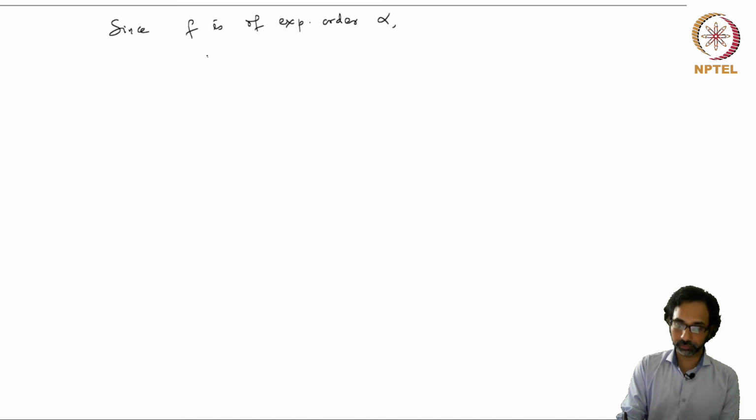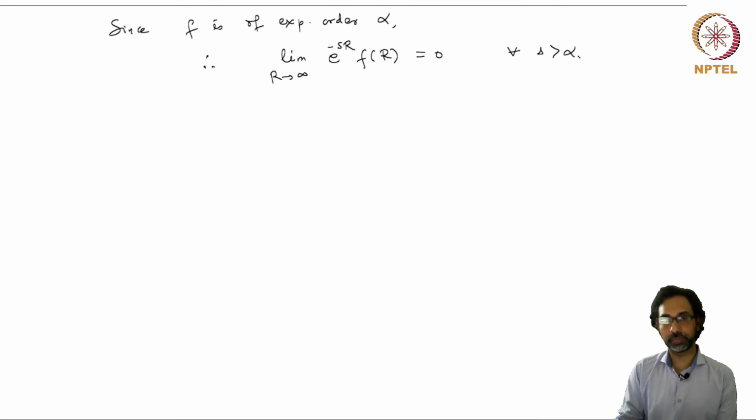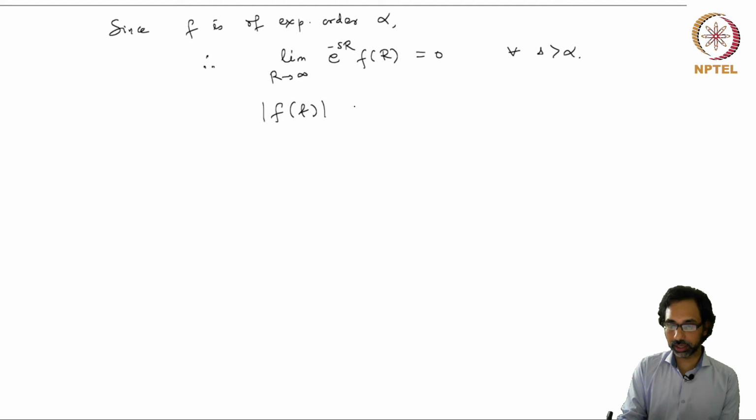Therefore the limit as R goes to infinity of e^(-sR) f(R) equals 0 for all s greater than alpha, because we know that the modulus of f(t) is less than or equal to M e^(alpha t) for t greater than or equal to t naught.